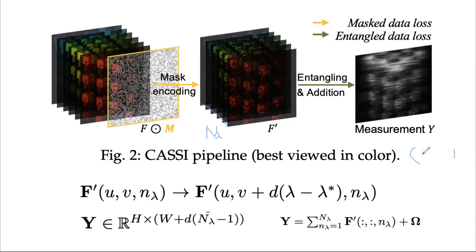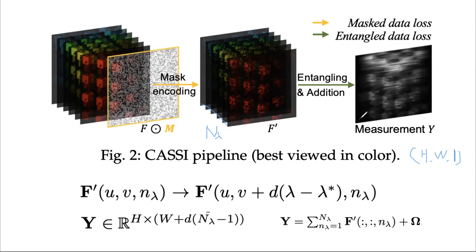So here we have height and width, and eventually we get the measurement Y. The last one is actually a 2D image, where each pixel is the sum of all the visual information across all the different lambda.